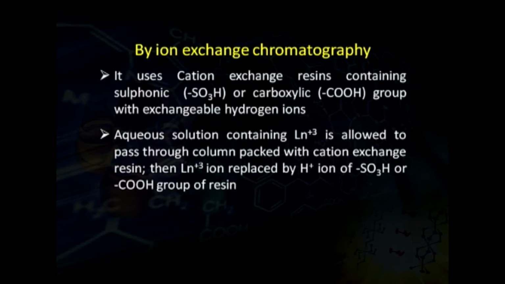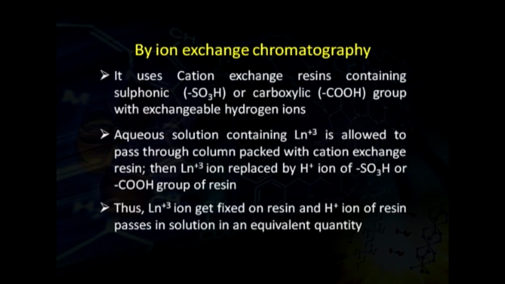Then lanthanum +3 ions are replaced by the hydrogen ion. This is the ion exchange property of the resin, meaning the exchange of lanthanum +3 with hydrogen ions of the sulfonic or carboxylic group present in the resin. Thus, lanthanum +3 ions get fixed on the resin and hydrogen ions of the resin pass into the solution in an equivalent quantity.